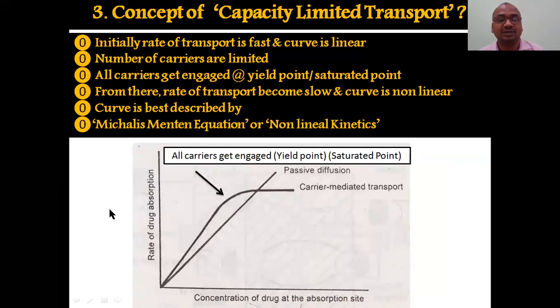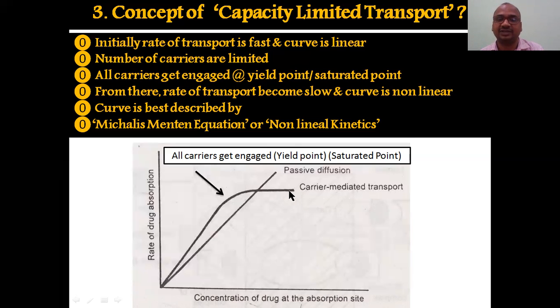Saturation will occur. Initially the rate is more, but once all the carriers get saturated, this point is called the yield point, the saturated point. All the carriers get engaged and no single carrier is empty. In such a case, the rate falls down and becomes a straight line. At any time only 5 drug molecules will be carried.